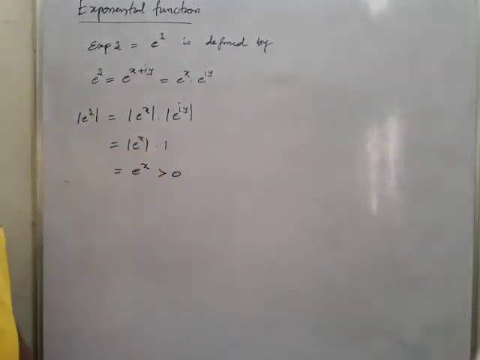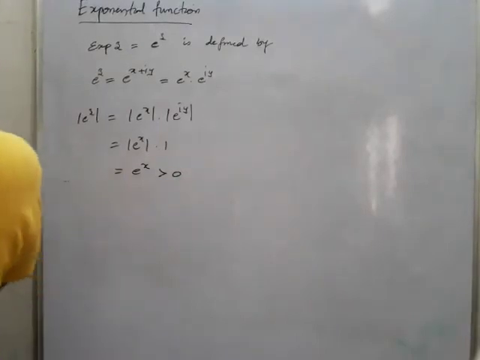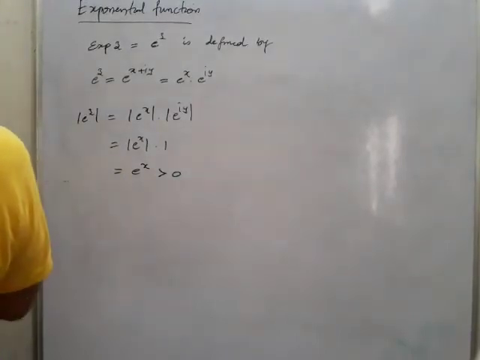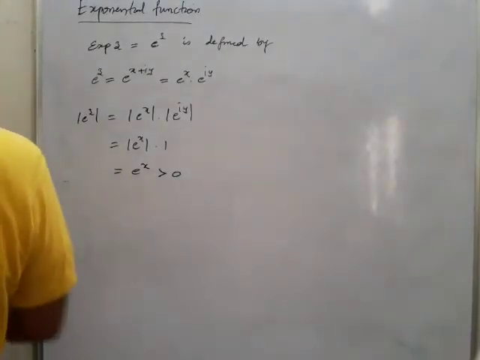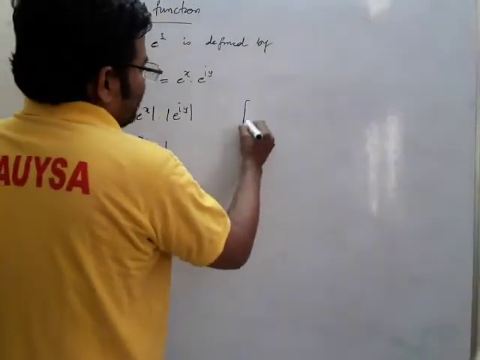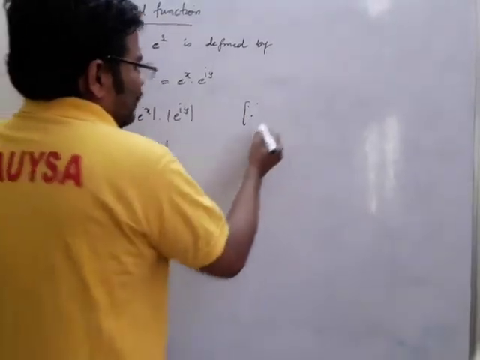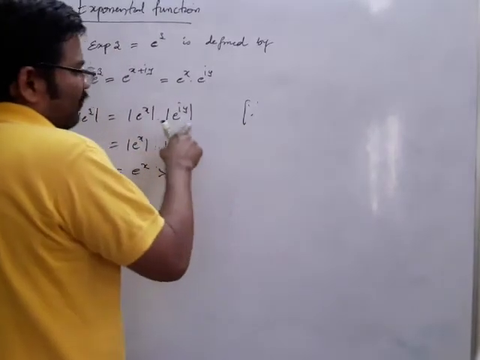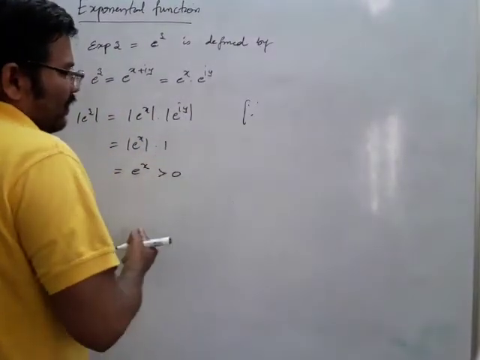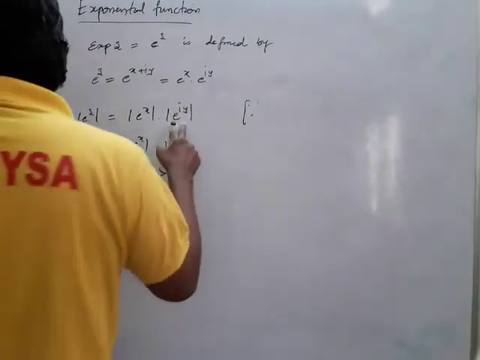How is this? e power iy is nothing but equal to 1, how we got that we can also find out. Since I wanted to prove that mod e power iy is equal to 1, how are you going to get this value?